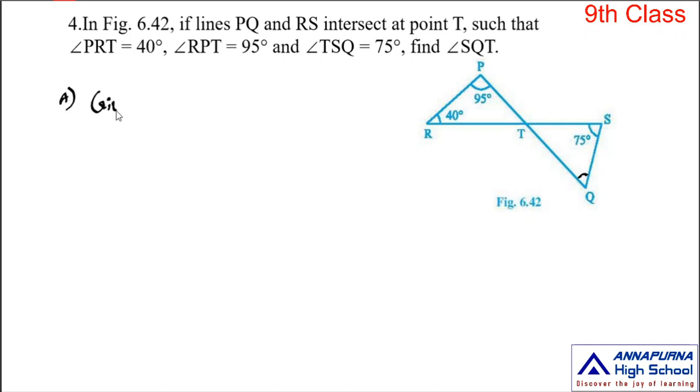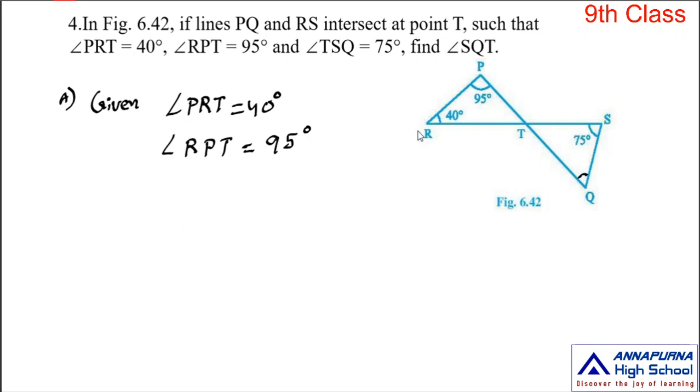Given angle PRT is equal to 40 degrees, angle RPT is equal to 95 degrees. In triangle PRT, angle R is equal to 40 degrees and angle P is equal to 95 degrees.